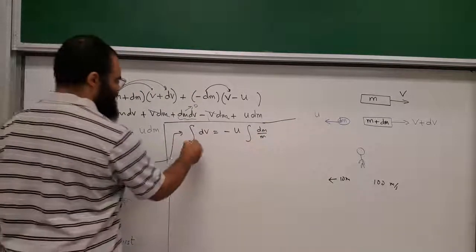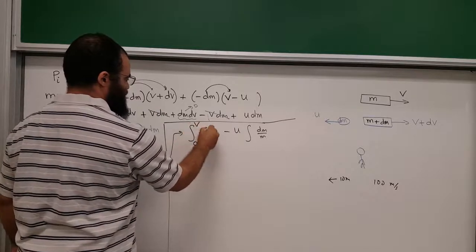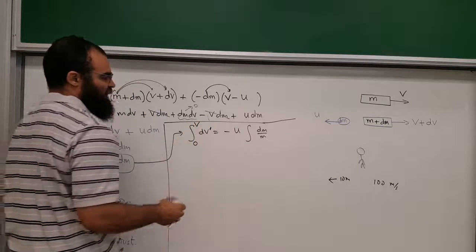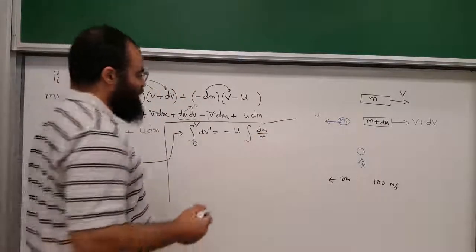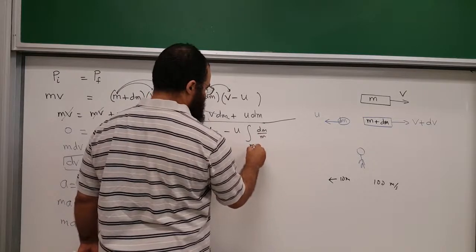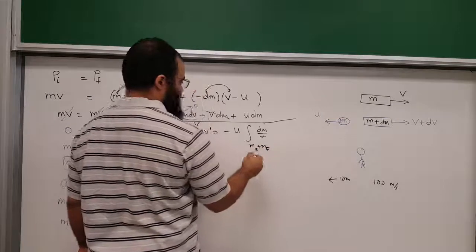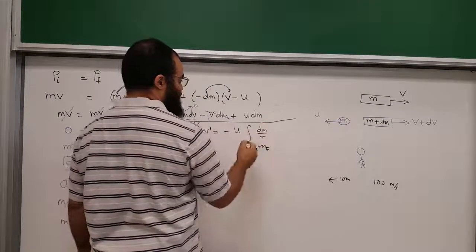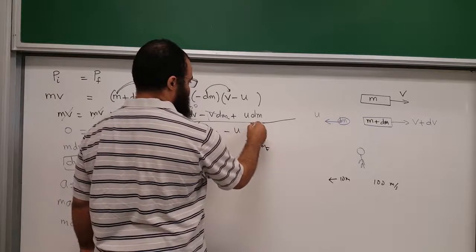V goes from, if it started initially at 0, from 0 to v. If you like, you can put a prime here. And the mass of the rocket will go from where to where? Well, it will go from the initial mass, which is the mass of the rocket plus the mass of the fuel, until you burn all the fuel, so you remain with just the rocket itself, mr.